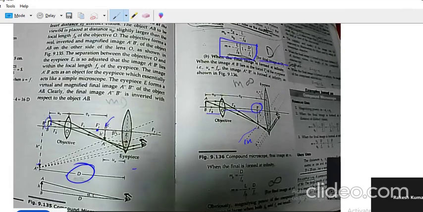And if you make the arrangement again such that the image is forming at the focus, then the final image will be at infinity. So in that case, again, you will have two magnifications. One is when the final image is at d, and the other is when the final image is at infinity. These two are given in NCERT.